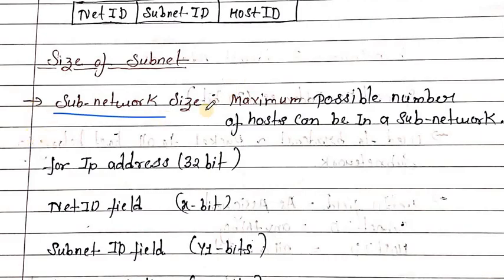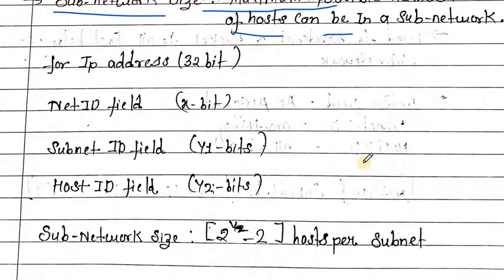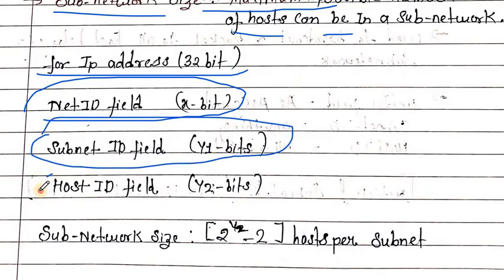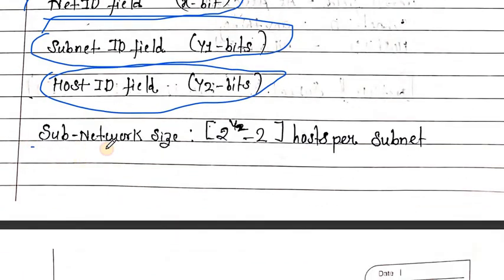Subnet size is the maximum possible number of hosts in any subnetwork. If the IP address is 32 bits, with X bits of network ID, Y1 bits of subnet ID and Y2 bits of host ID, then the subnetwork size is 2 to the power Y2 minus 2. Why minus 2?